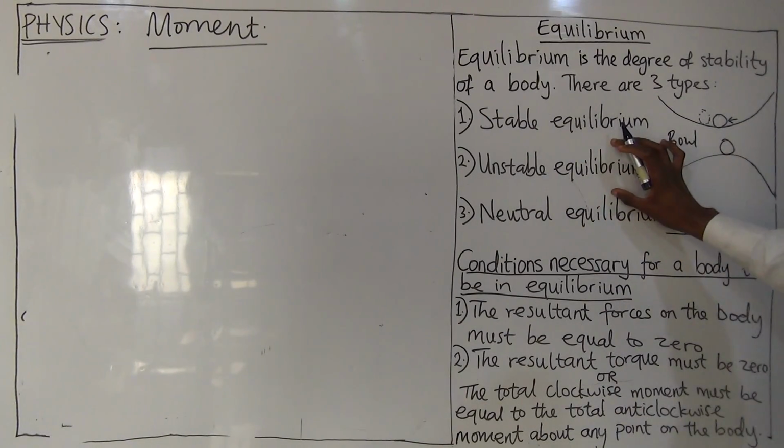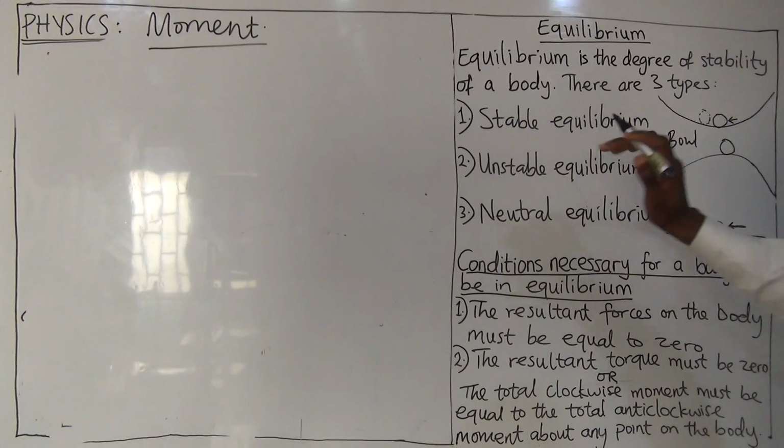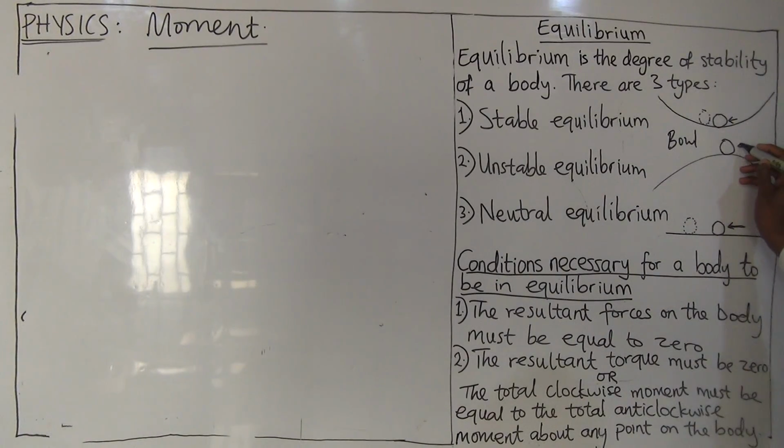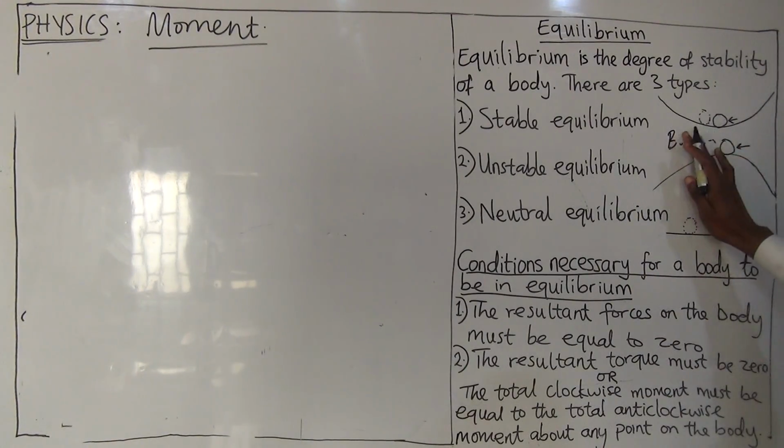That means it's in equilibrium, but it's an unstable equilibrium. Why? Because when you apply a little force to displace it to this position, it is now on a slope, and gravity would make it keep moving further away from the original position.